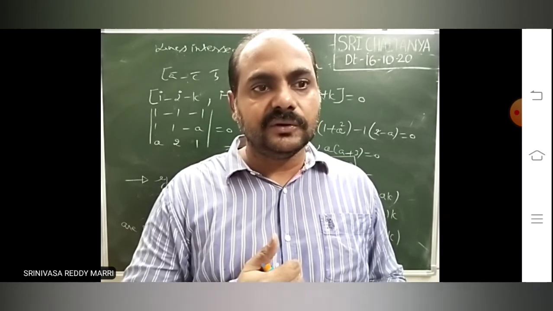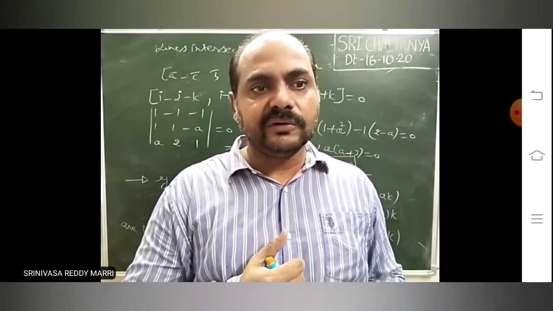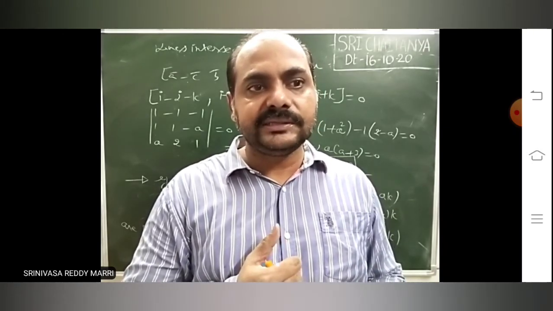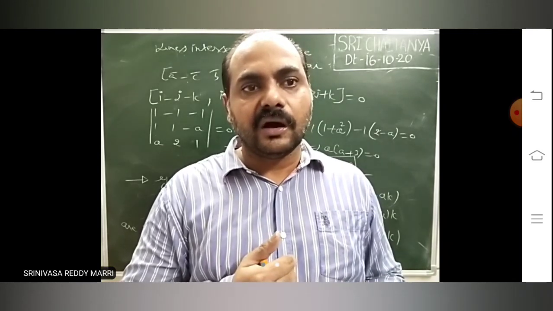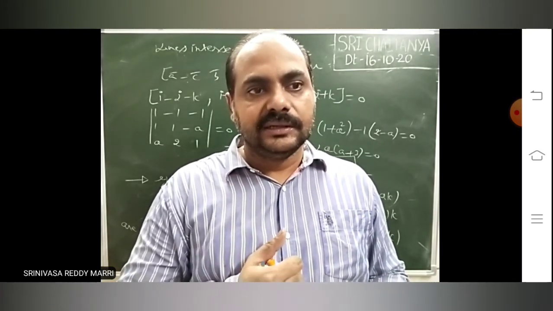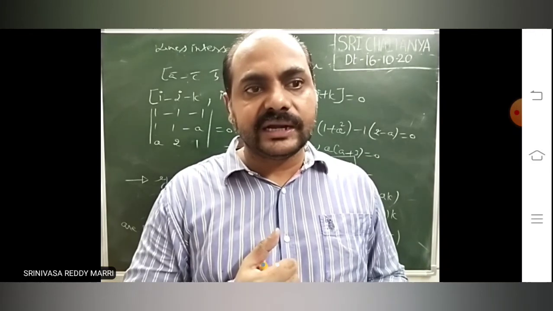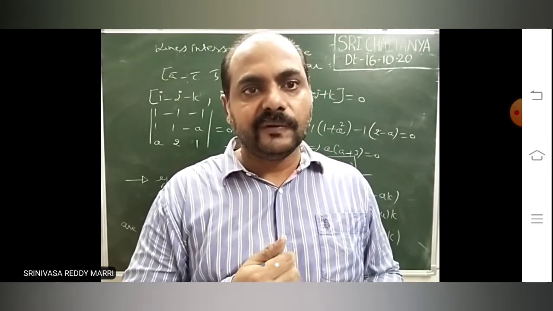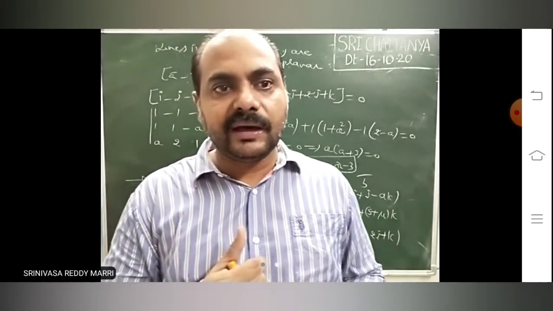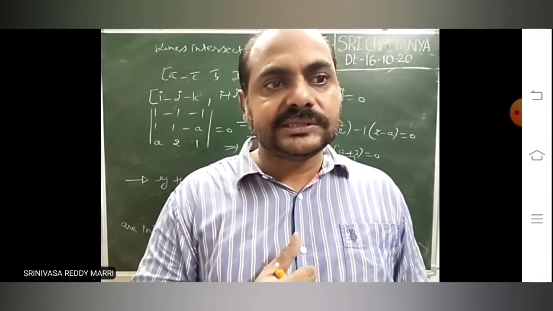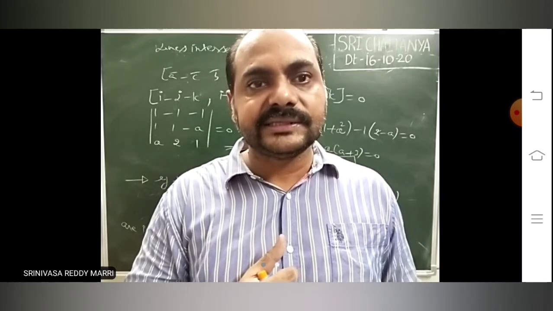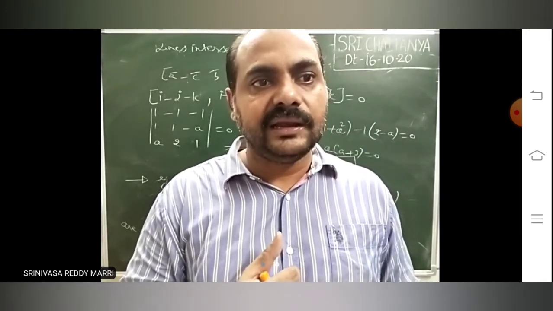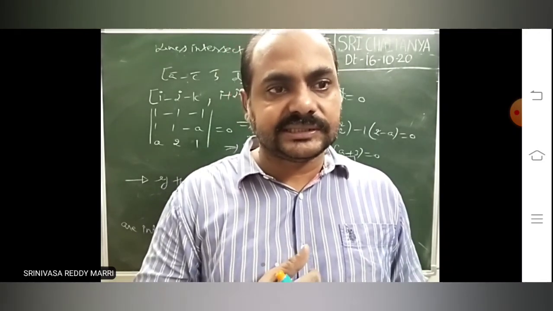If that box is not equal to 0, then they will be skew lines or non-coplanar lines. Then he will ask to find the shortest distance. So that formula is what? Modulus of the box of (a bar minus c bar, b bar, d bar) divided by modulus b cross d. Vectors a bar, b bar, c bar, d bar are there. You can calculate the shortest distance.